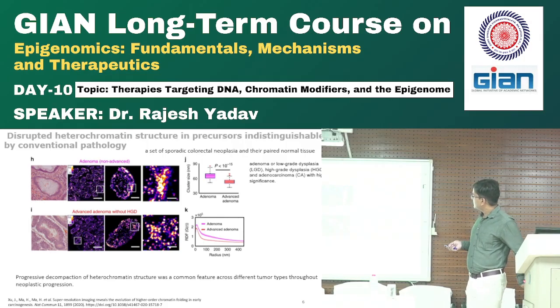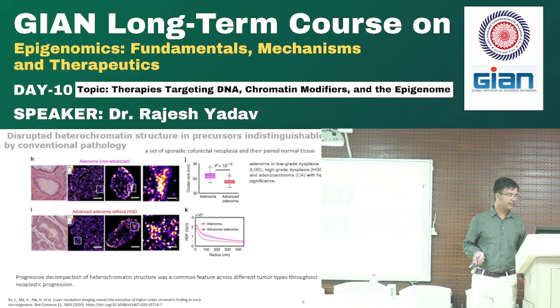These clusters are of reduced size in advanced adenoma where the cancer is high. So this suggests that heterochromatin is involved in the cancer phenotype. This one is from human sample, the previous one was from the mouse sample.